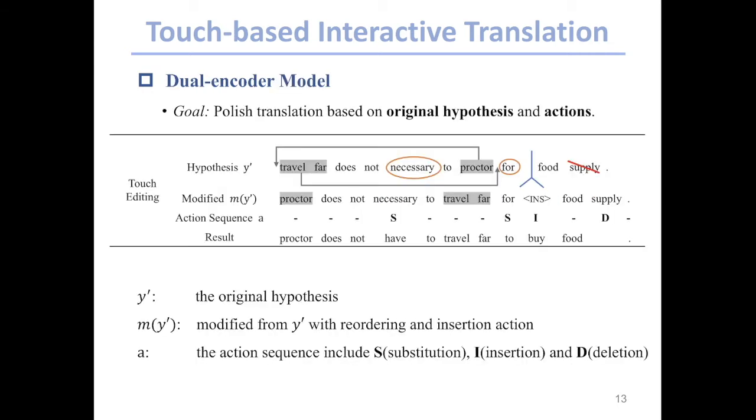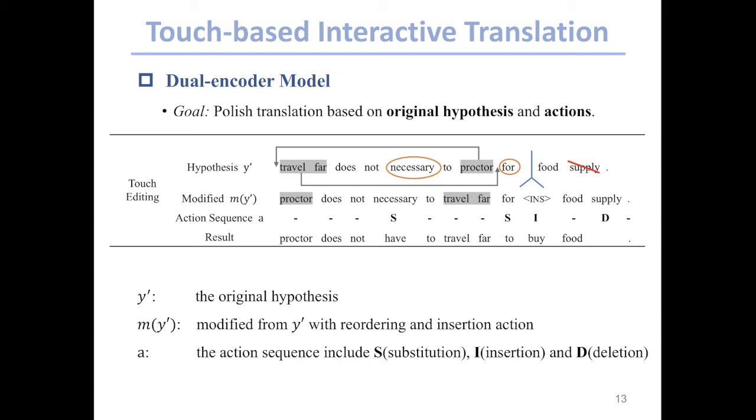Since we have the original hypothesis and corresponding actions, the goal of our model is to generate a refined translation. We first apply the touch actions on the hypothesis to obtain a modified hypothesis y' and an action sequence A. The modified hypothesis, as shown in the example, is modified from the original hypothesis by reordering the segment in gray color with the reordering action, and inserting a special token INS with the insertion action.